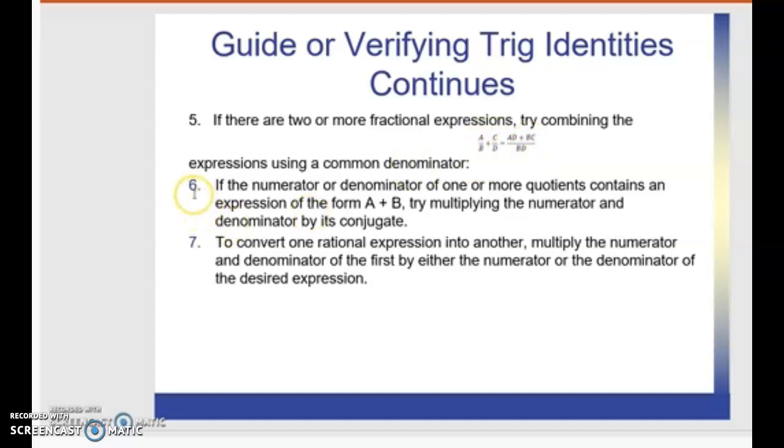Technique 6. If the numerator or denominator of one or more quotients contain an expression of the form a plus b, try multiplying the numerator and denominator by its conjugate. And finally, technique 7, to convert one rational expression into another, multiply the numerator and denominator of the first by either the numerator or the denominator of the desired expression.